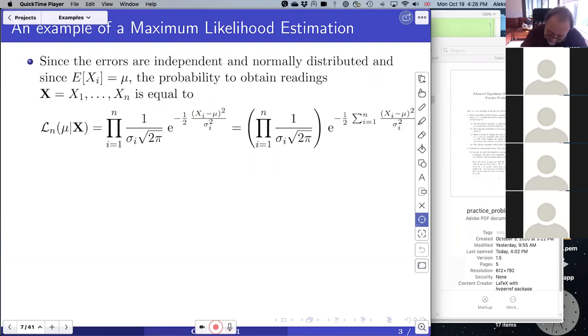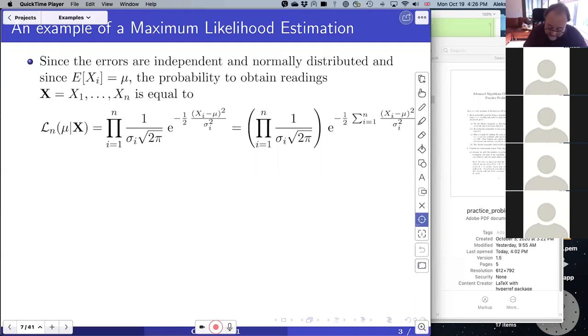Now it's easy to see that you can aggregate these together and these together, and you get a product of these factors and a product of e's. You can put them under a single e, and of course the exponent will become a sum, right?